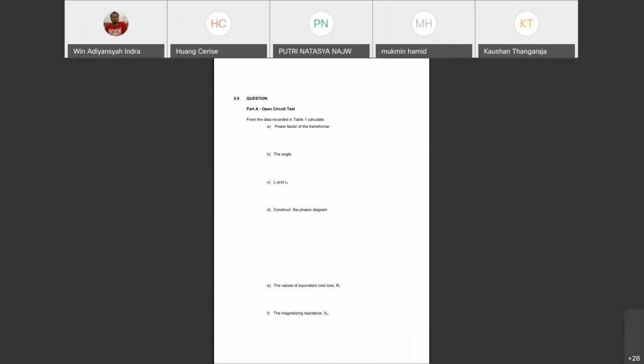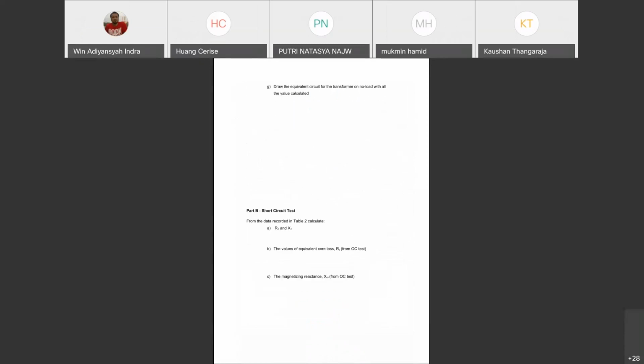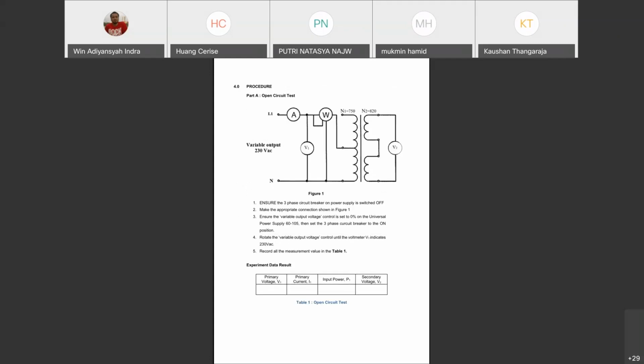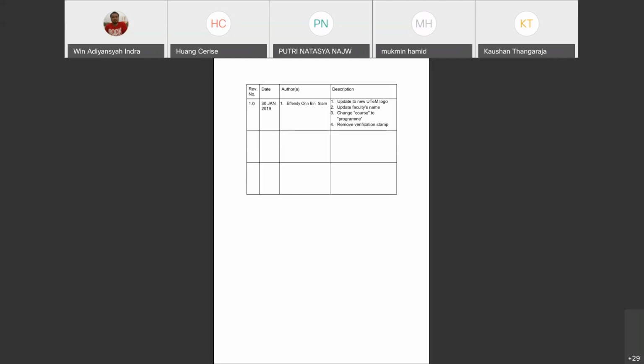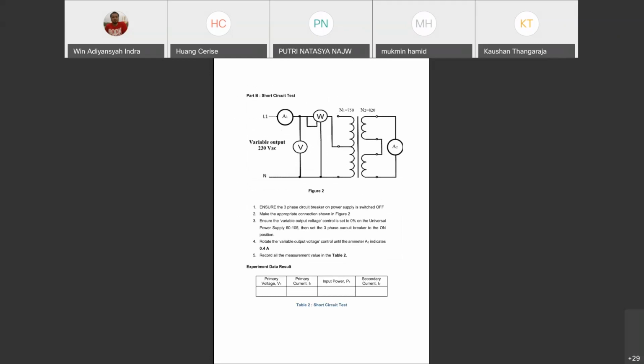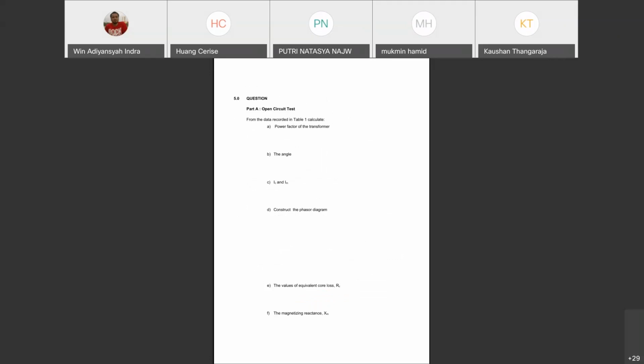I just show you the slide. I hope you can see it. Our lab sheet. So the first one is what you did, the open circuit test. The second one is short circuit, right?